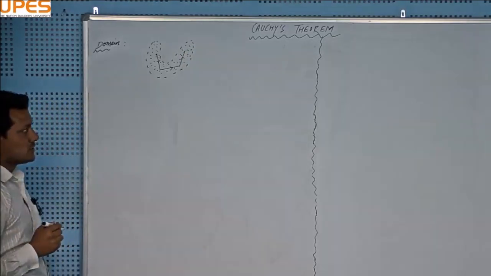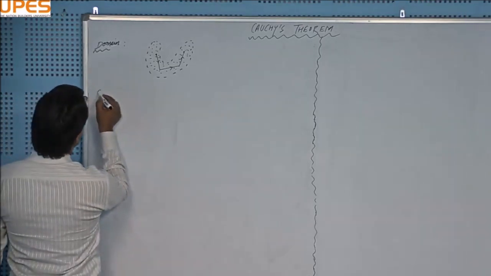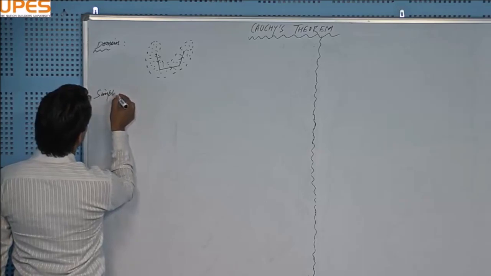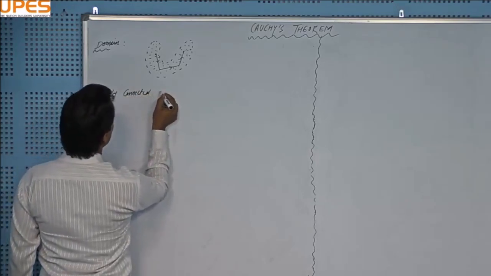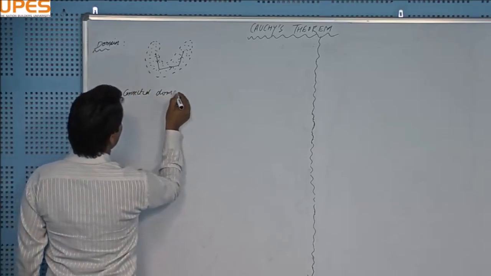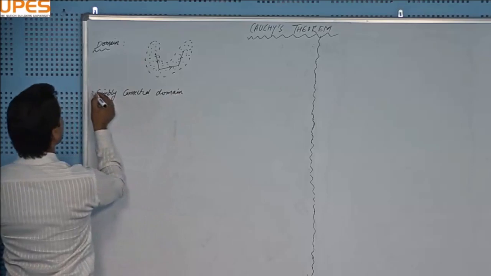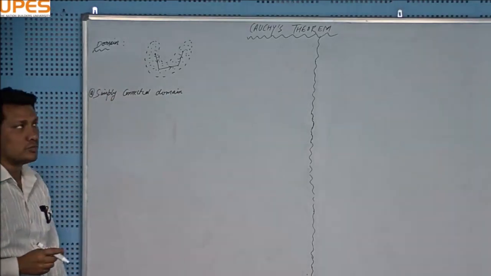Okay, now I will define simply connected domain, right? Another is multiply connected domain, right?